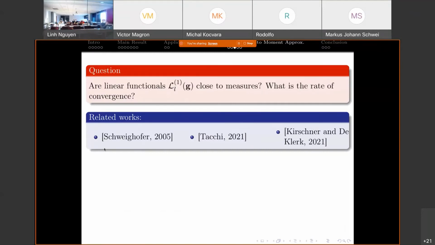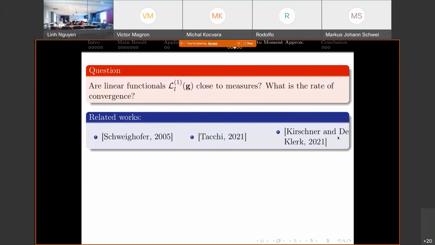Well, the answer is yes in the Archimedean case, as was shown by Marcus for polynomial optimization problems. And the answer is also yes, as Matteo Tacchi has recently proved, for the generalized moment problem under the hypothesis of bounded mass constraint, which mimics more or less the sigma of 1 equal to 1, let's say.